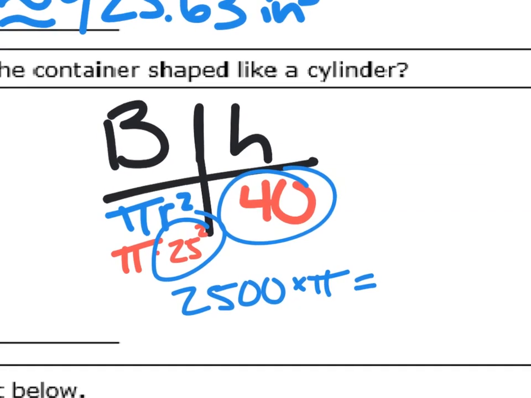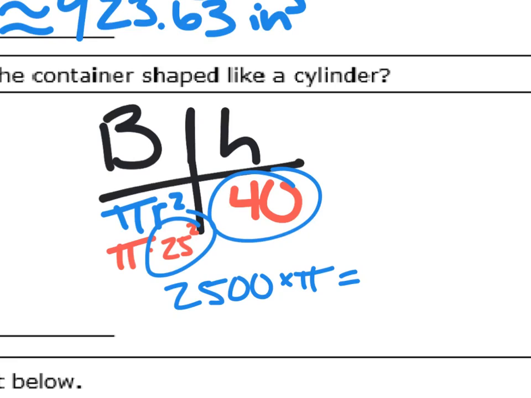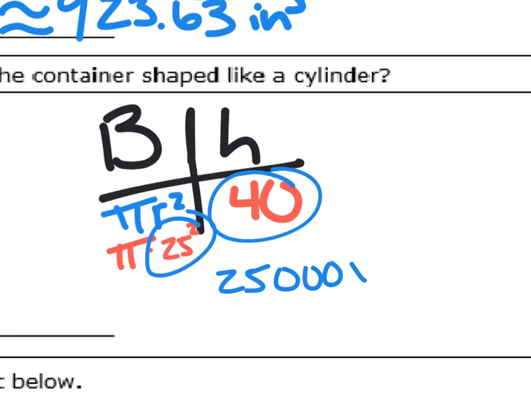And I get, I'm sorry, it's supposed to be 25,000. Forgot a 0, so let me fix that. 25,000. So 3 zeros times pi.